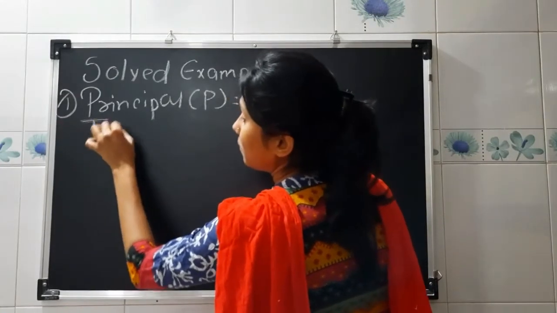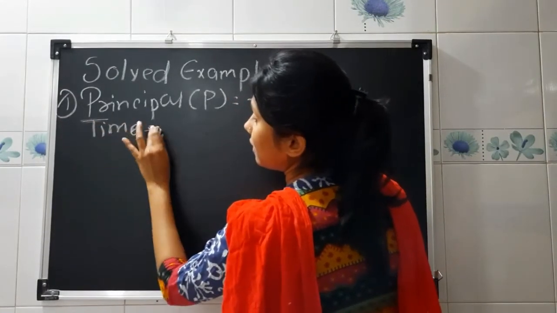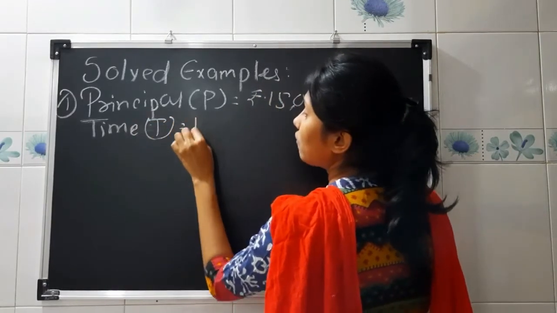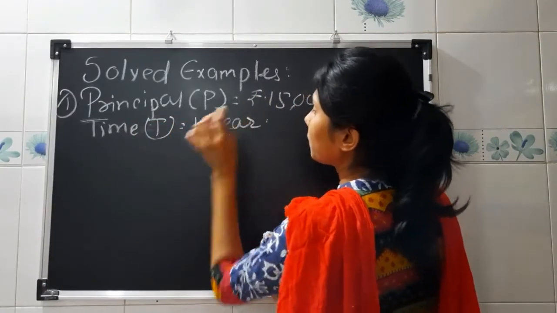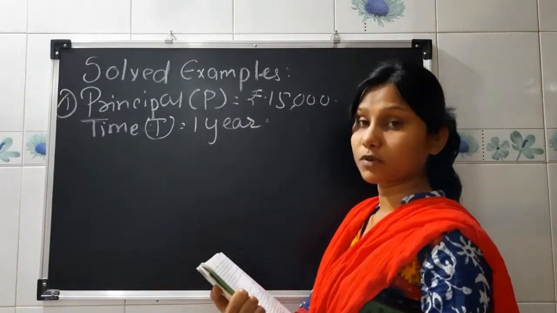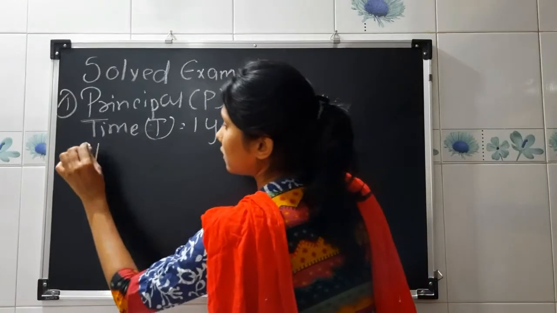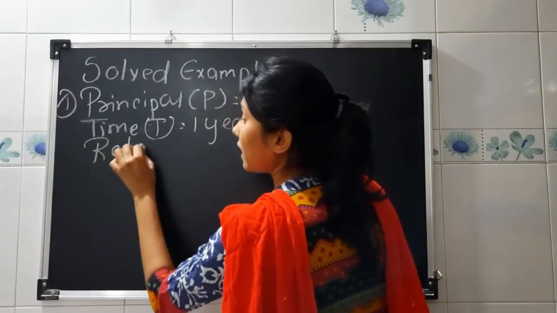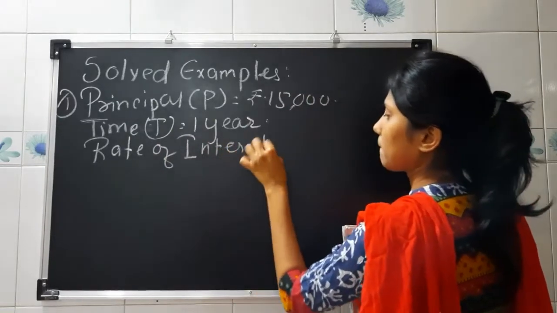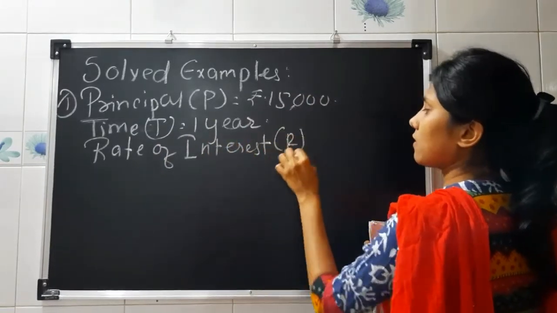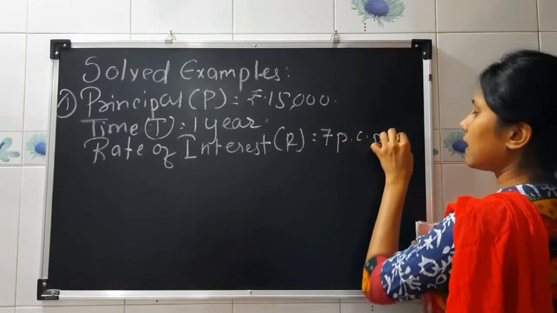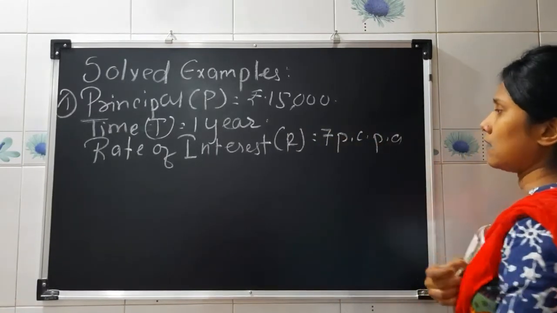Now the time T is equal to 1 year. At an interest rate of 7% per annum means the rate of interest R is 7 PCPA, that is 7% per annum.